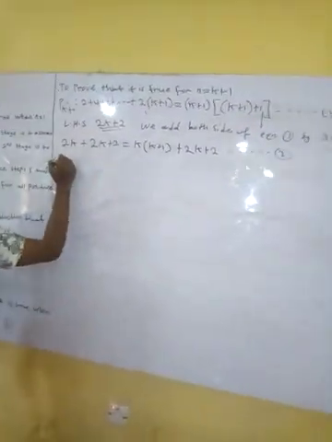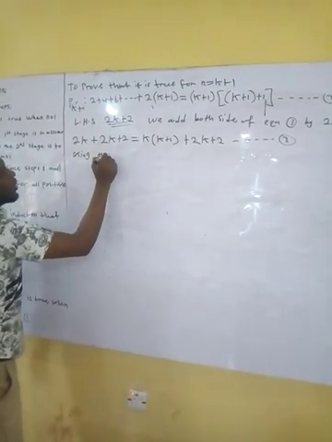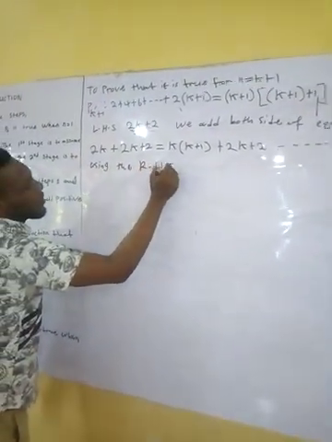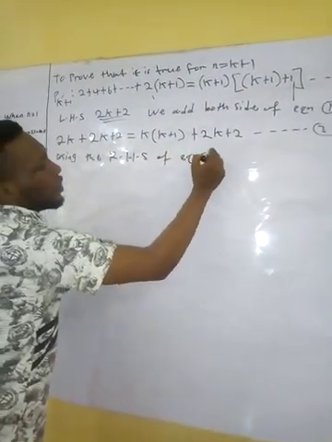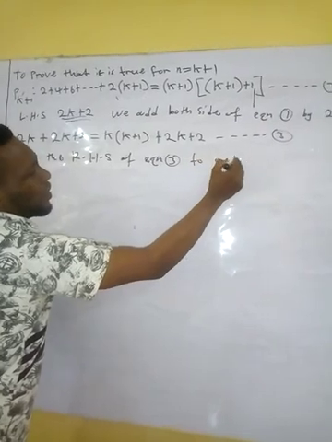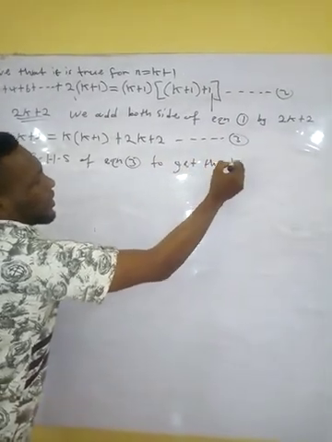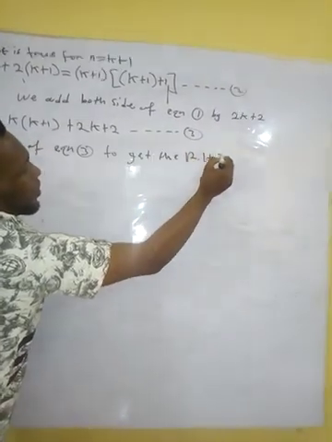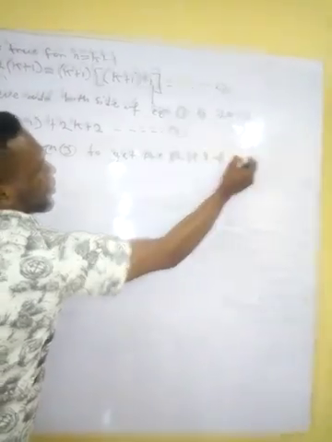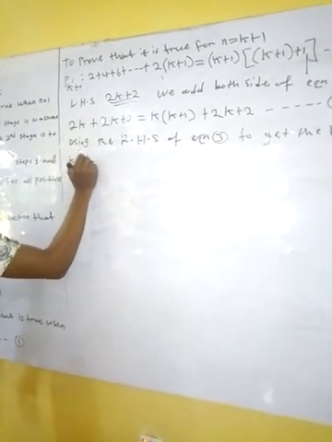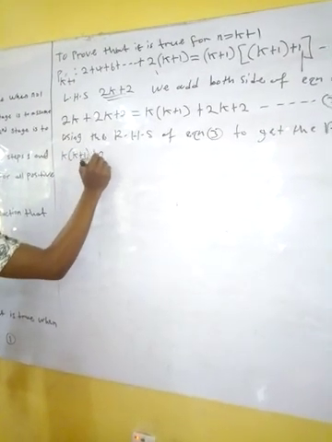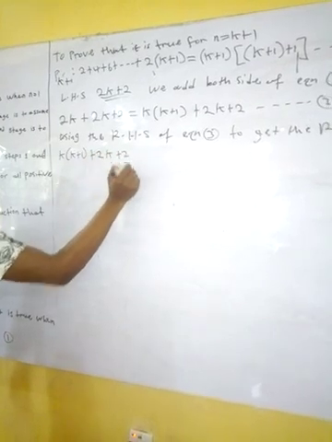So it's using the right hand side of equation 3 to get the right hand side of equation 2. Let's proceed. We have k bracket k plus 1 plus 2k plus 2.